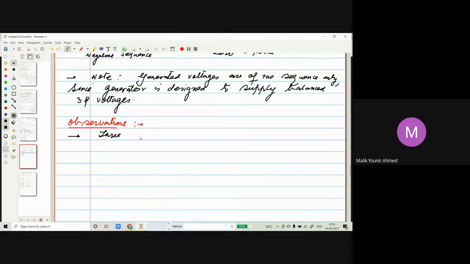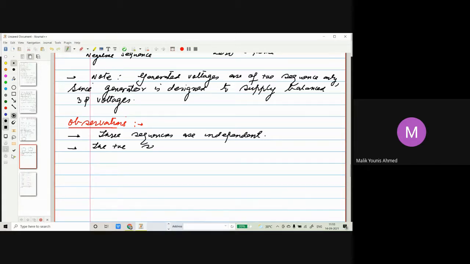That means the positive, negative and zero sequences are not dependent on each other. Next, the positive sequence network is the same as the one line diagram used in studying balanced three-phase currents and voltages.